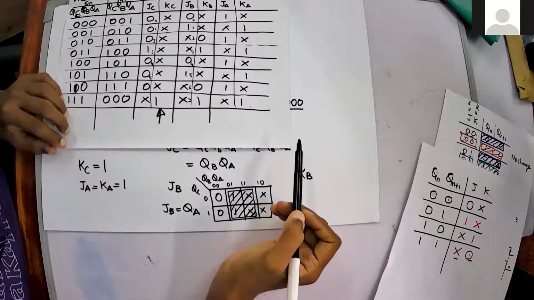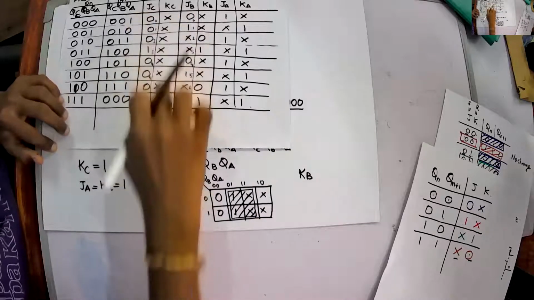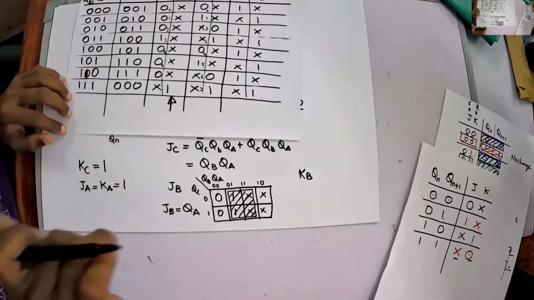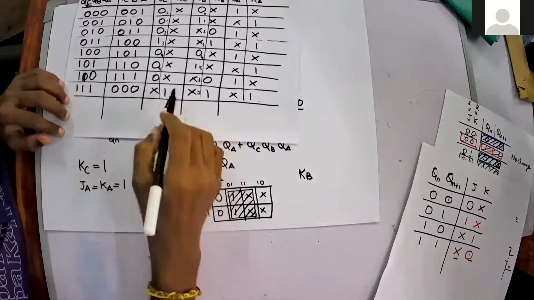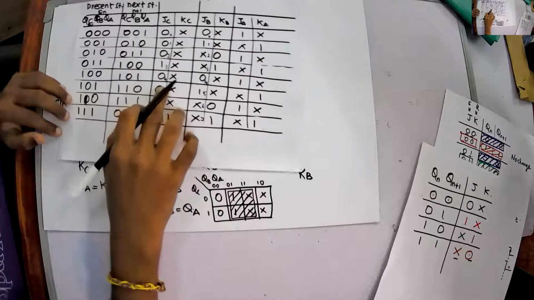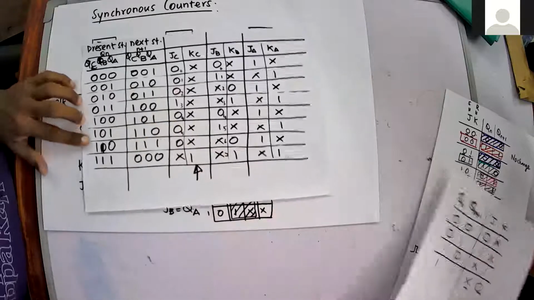Sir, the first one, the JK, the first column. This one? Yeah. Where we had the mistake? Can you tell again that column? How do these come? Please check. I think it is wrong.